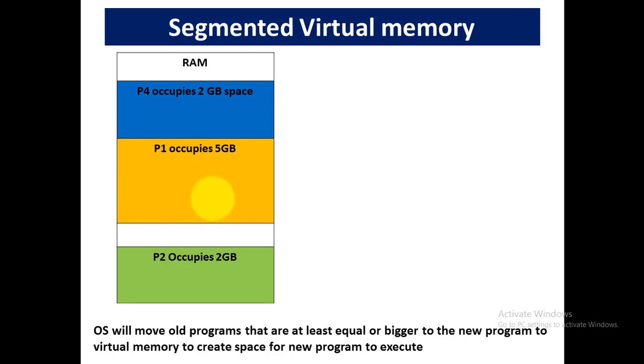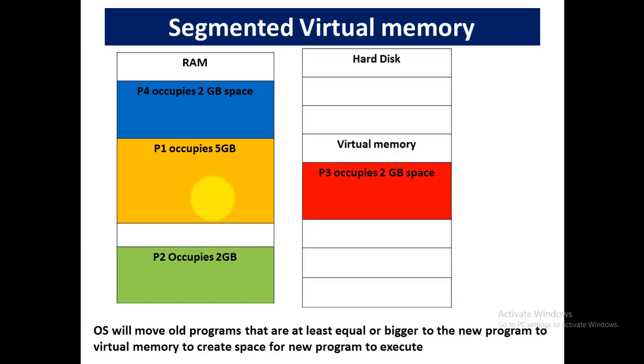It will be filled only when there is a segment of 1 GB, or when P1 or P2 moves to virtual memory, or P1 or P2 completes its task and is removed from RAM. So the operating system will move old programs that are at least equal to or bigger than the new program to virtual memory to create space for the new programs to execute.